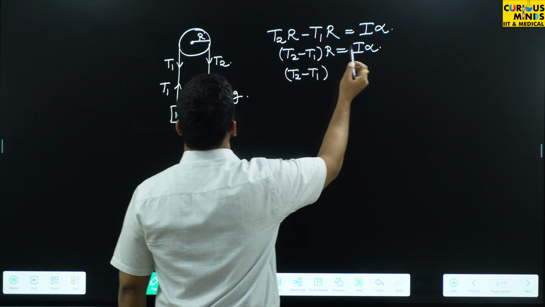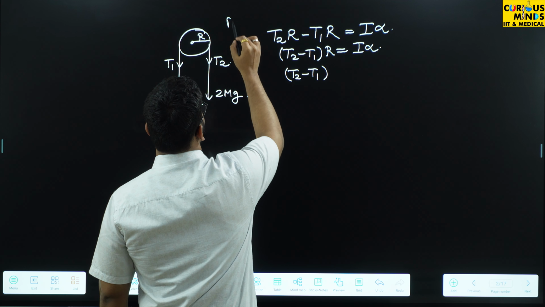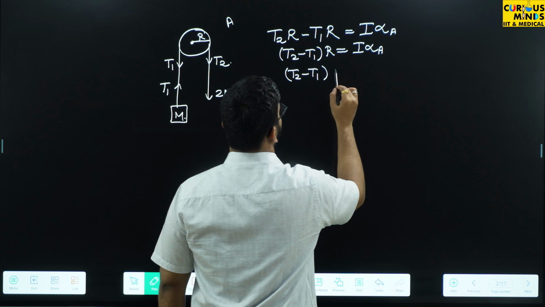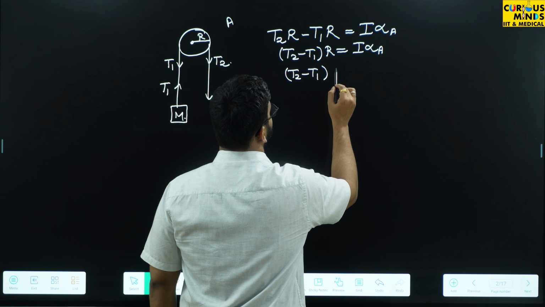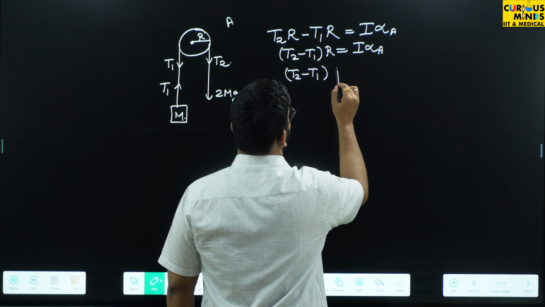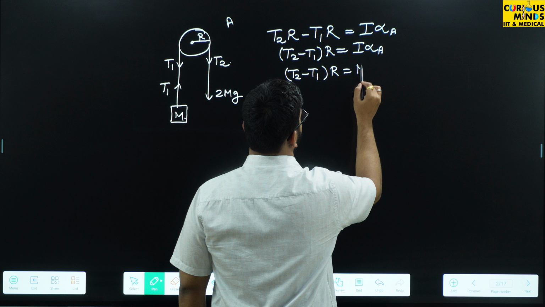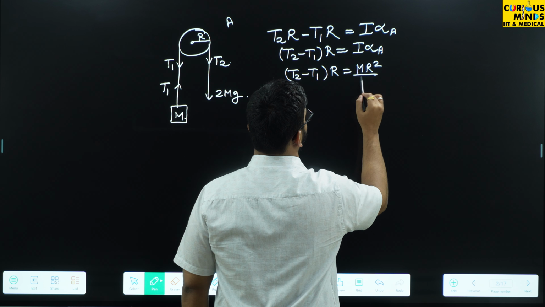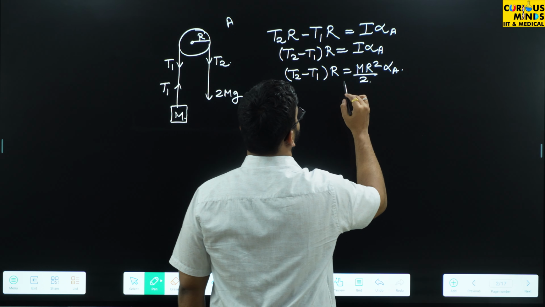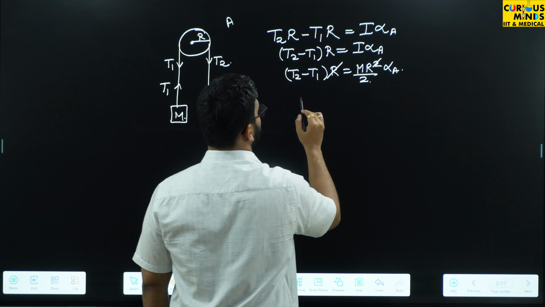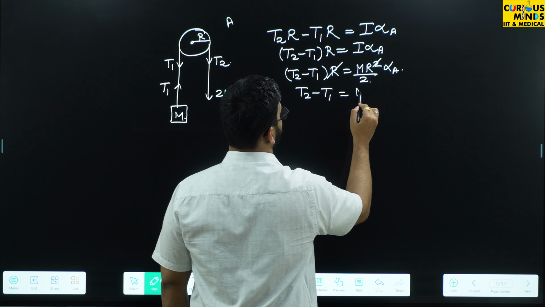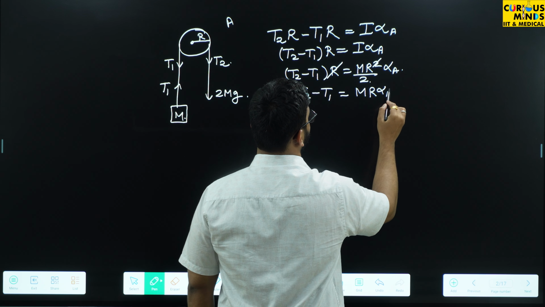Let me call this case A, so let me call this alpha A. So (T2 minus T1) R is equal to mR square by 2, because for a disk the moment of inertia is mR square by 2, into alpha A. So this R and this R will cancel. So we have T2 minus T1 is equal to mR alpha A by 2.